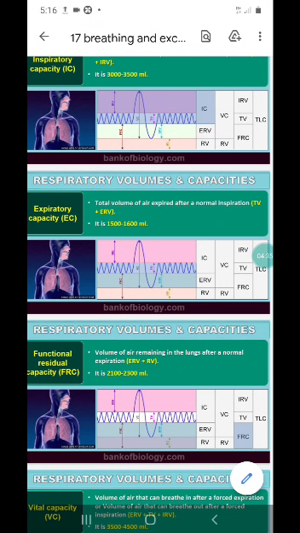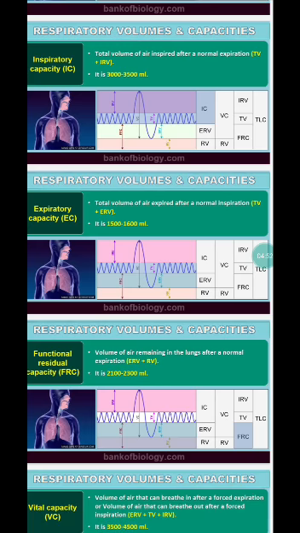Okay. Now, what is vital capacity? It is the volume of air that can be breathed in after a forced expiration, or the volume of air that can be breathed out after a forced inspiration.